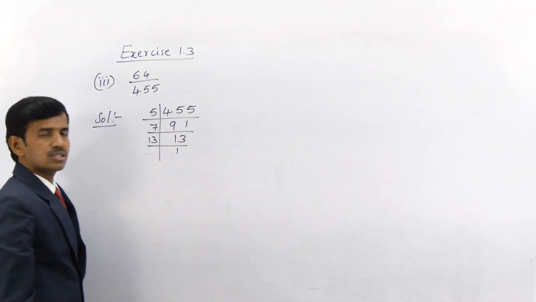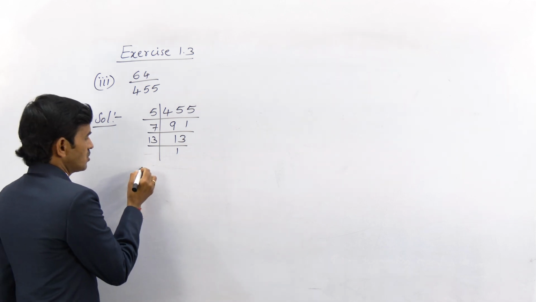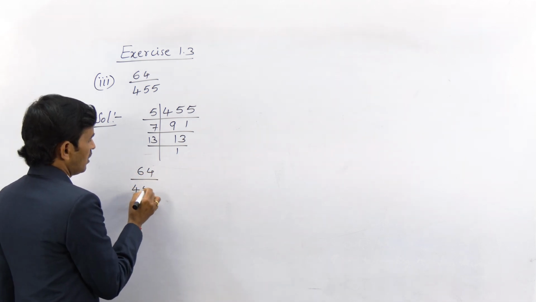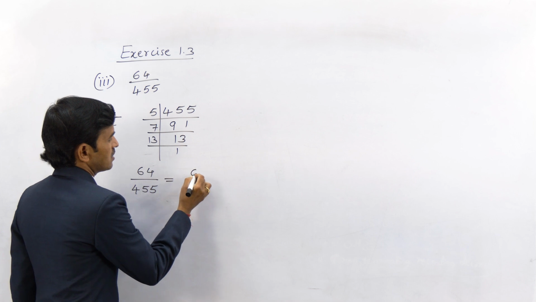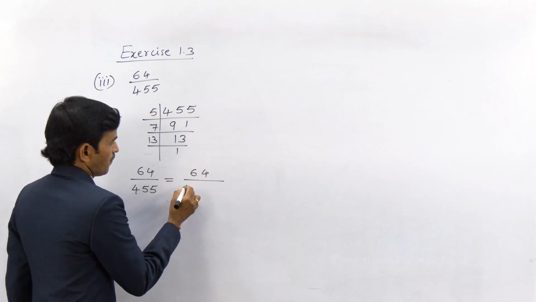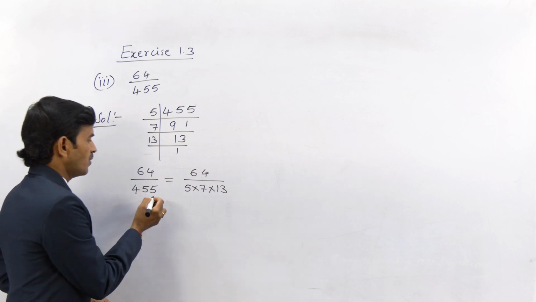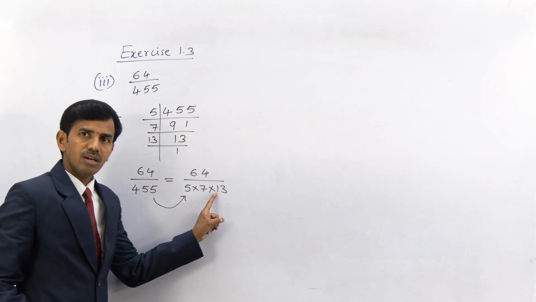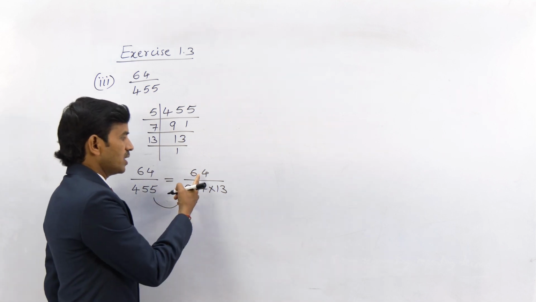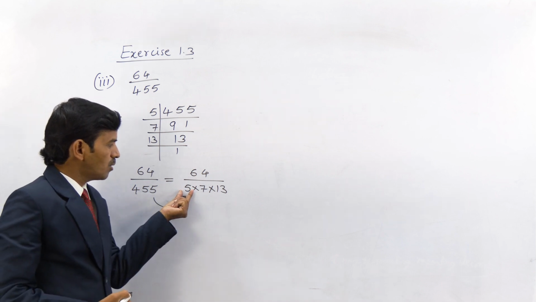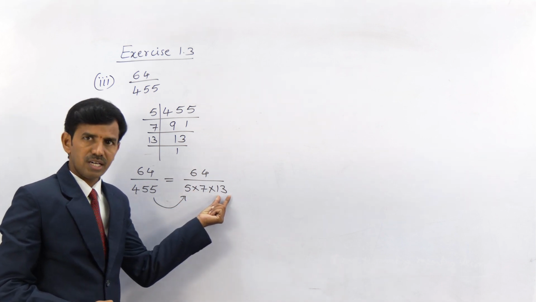Next 13 1s are 13. So 64 by 455 can be written as 64 by 5 into 7 into 13, as 455 written as product of its primes.